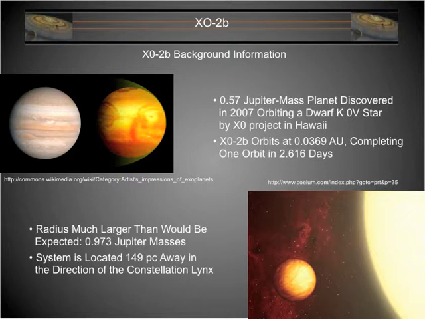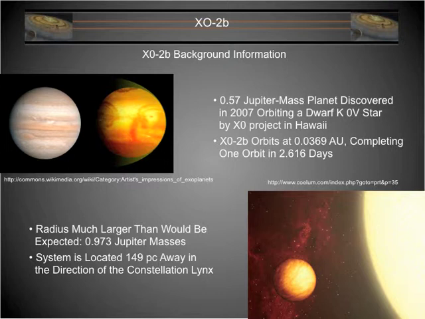The first exoplanet that I studied was one called Exo2b, and this one is also a Jupiter-sized planet and a hot Jupiter located very close to its parent star, a very similar distance to Trace 2b, and a very similar period of its orbit, about 2.6 days. What's interesting about some of these hot Jupiters is that their radii are sometimes larger than we would expect them to be.